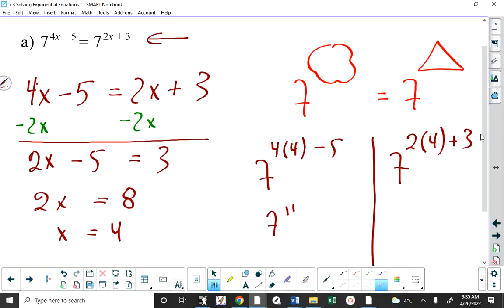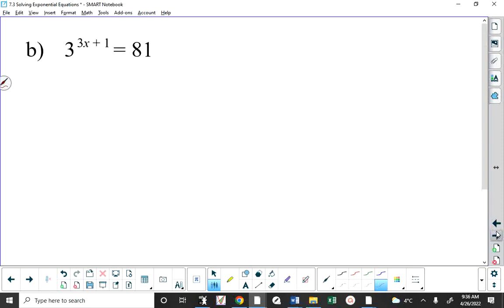So you get 7 to the 11. 2 times 4 is 8 plus 3 is 11. You get 7 to the 11, so it checks out. You don't have to check any of these. I mean, there's going to always be exceptions, and when we bump into them, I'll talk about them.